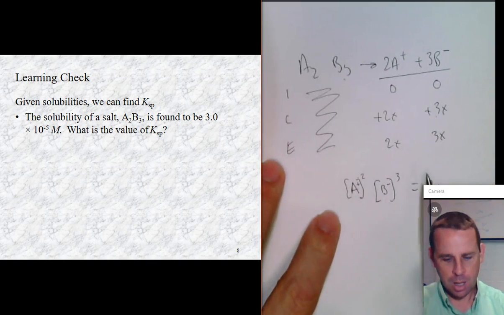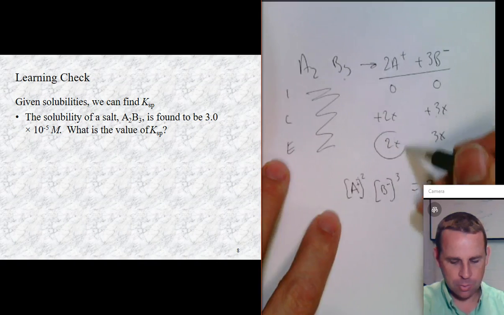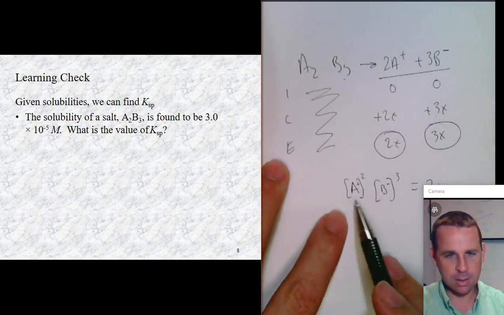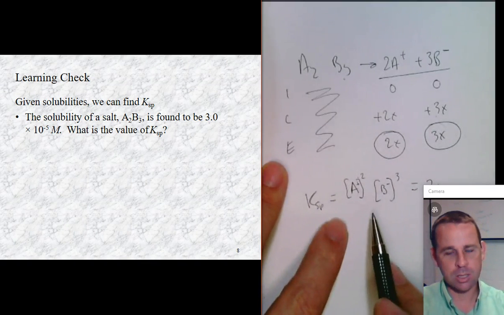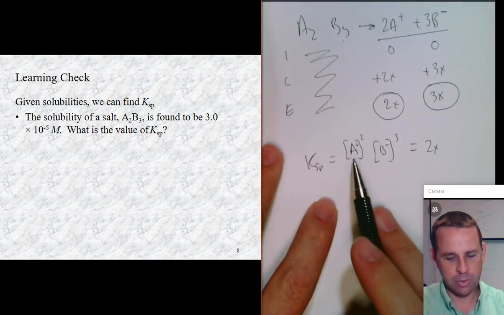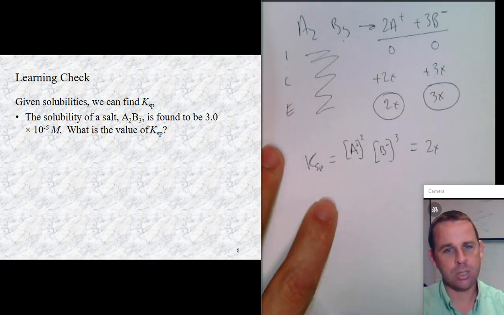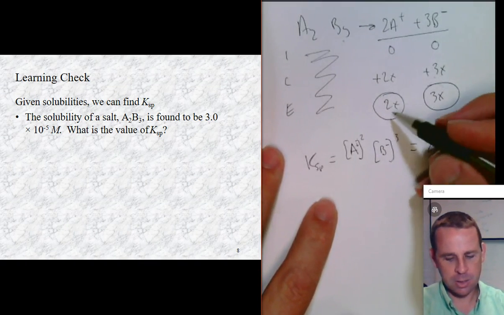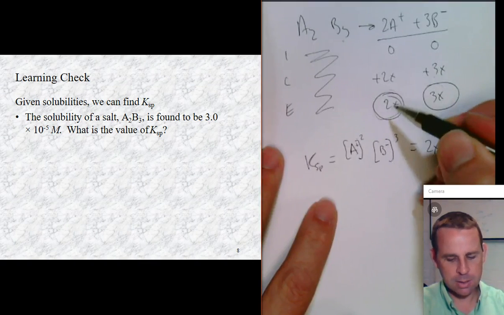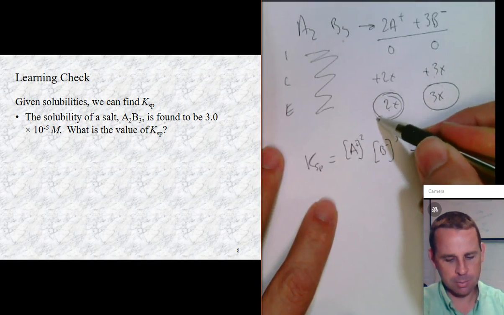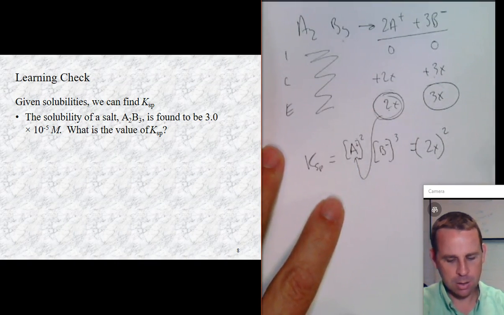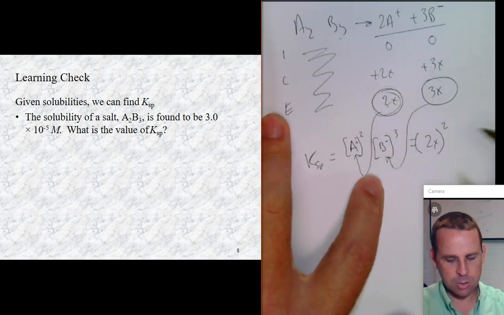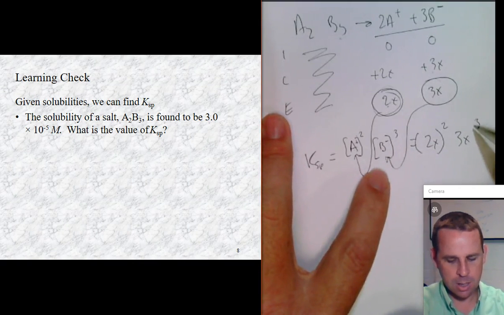We had to then recognize that the KSP expression is our concentration of A's squared and our concentration of B's cubed. And then we need to recognize that this is the equilibrium concentration for that A, so we put that 2x into there. And this is the equilibrium concentration here, so we put the 3x into there.